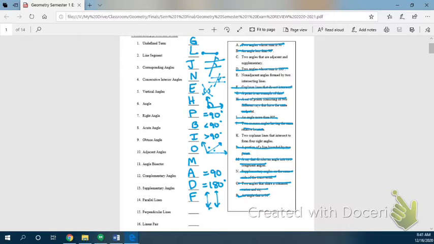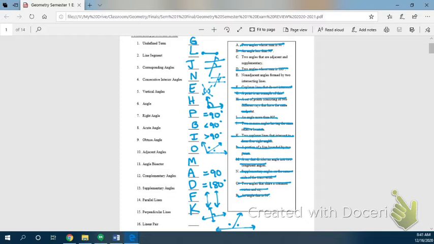Perpendicular lines are when lines cross at 90-degree angles. Let's see. Oh, there's one down here. K. They form four right angles. Finally, a linear pair. Linear pair is when you have a line that has two angles.